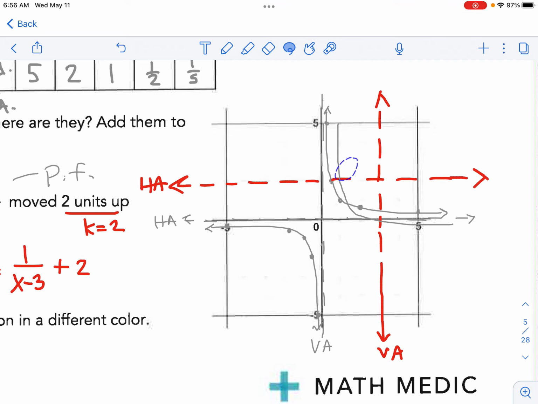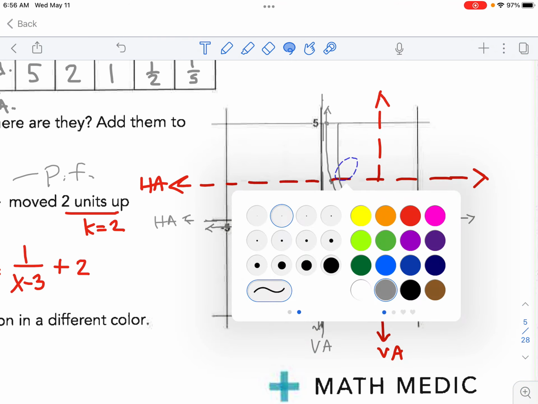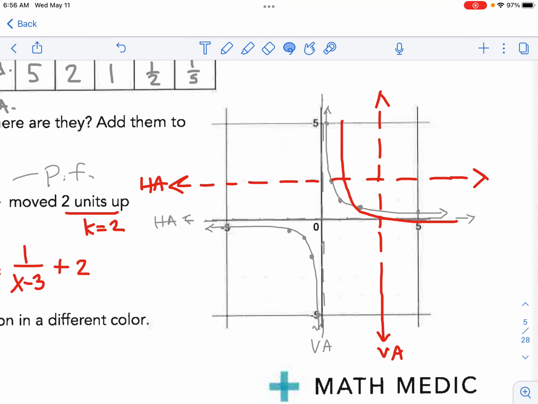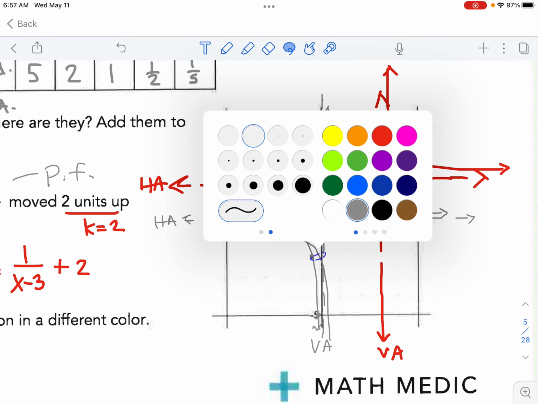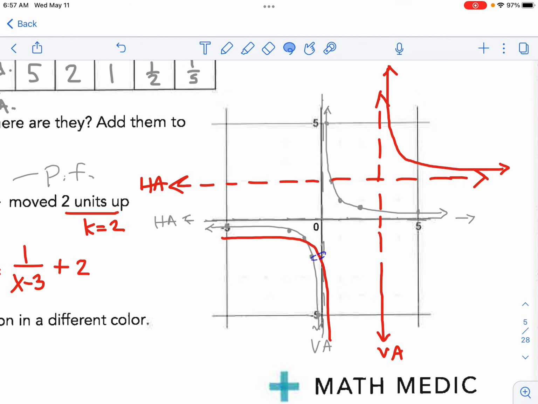I'm just going to duplicate this. I'm going to call it red, and I am going to move it right about here. And then I'm going to give it some arrows. And then I'm going to duplicate this one and do all the same things, and slide that over to the asymptote. So it's going to be right there, and then I'm going to give it some arrows.